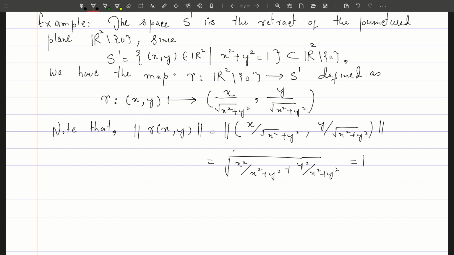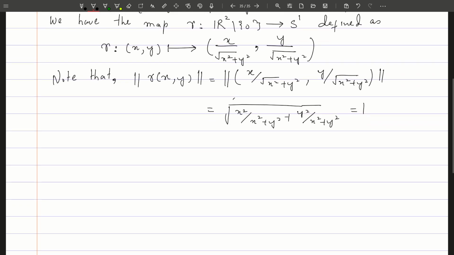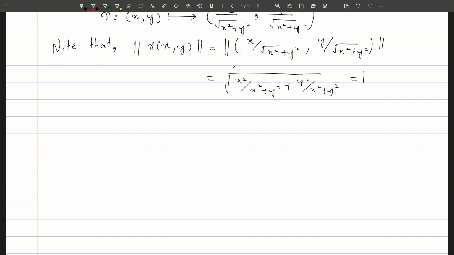So this is 1. So this map is a well-defined map. Hence R is a well-defined map.